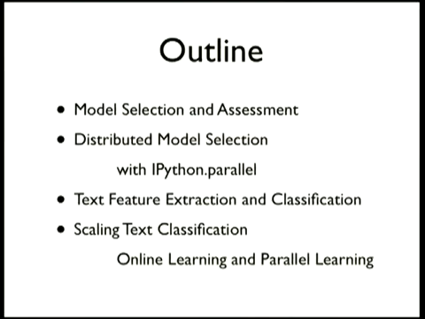Then, if we have time, we will move to how to scale text classification to larger data sets. And if we are able to scale, we can do two kinds of things. The first one is how to do online learning or out-of-core learning, which means how to fit a model to a data set that doesn't fit in the main memory of a single computer.